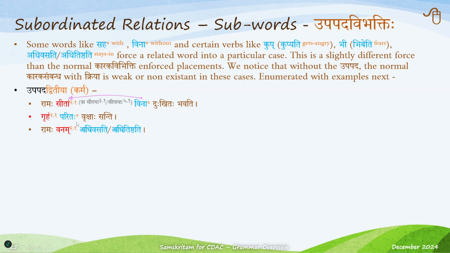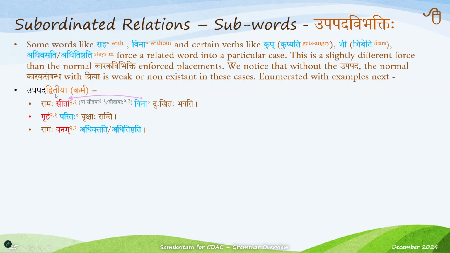Though it is an avyaya, there is saptami bhava where is being answered with paritah, around. So the dvitiya is an upapada force relating to paritah. Around the house, karma pada. So the dvitiya force in griham is not at all due to santi, it is due to the paritah. So it is not a karaka dvitiya, it is an upapada dvitiya.